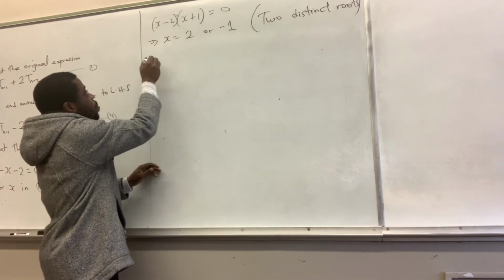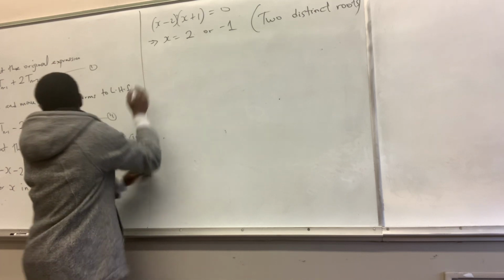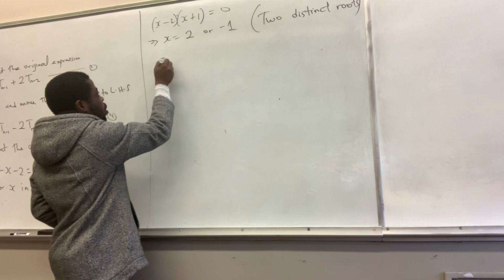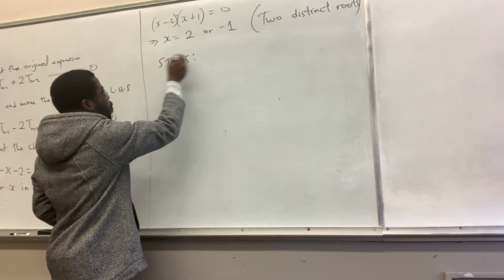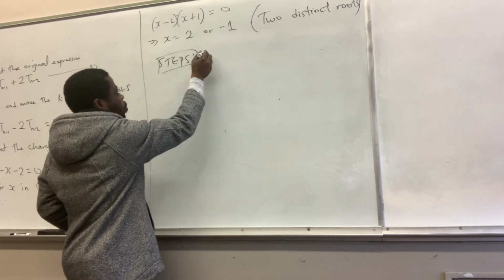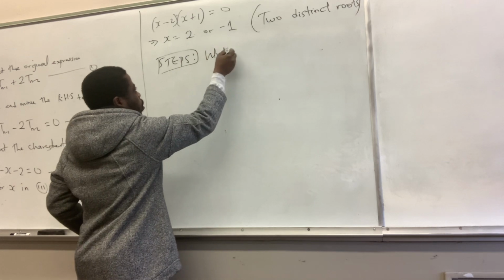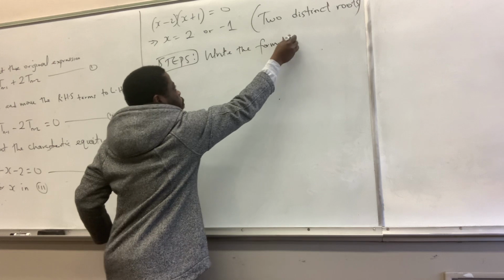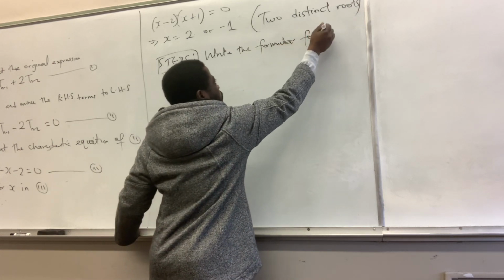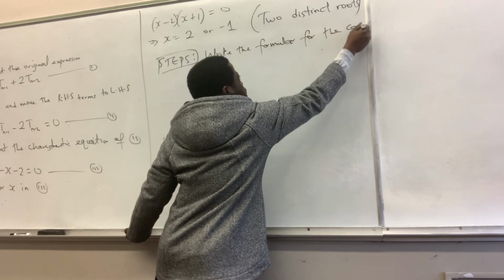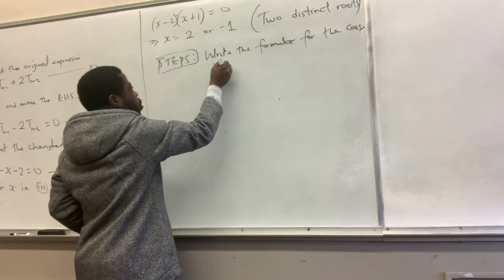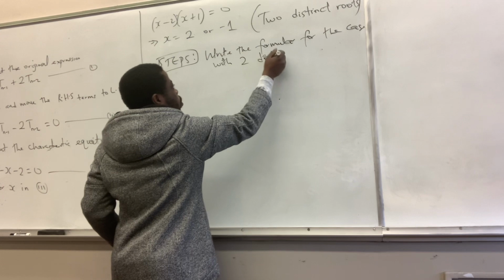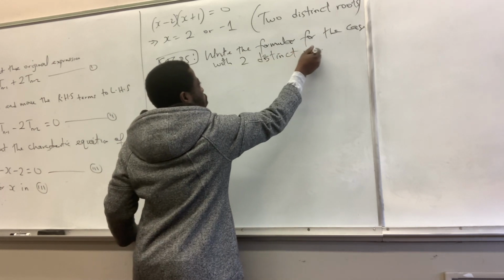So step number 4 here, then step number 5. Write the formula for the case with two distinct roots.